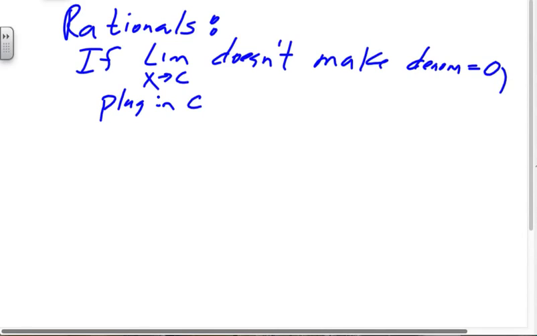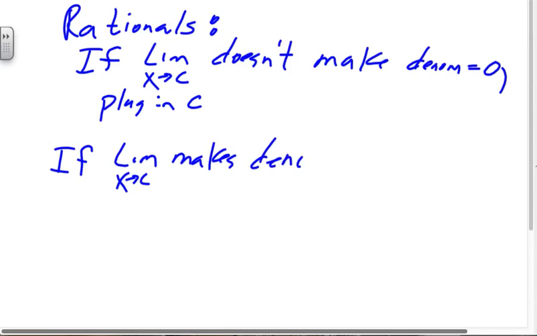You treat it just like a regular polynomial. However, if it does make the denominator 0, then the first way we're going to learn how to handle this, and we'll talk about several more as the semester goes along, this is the first way to handle it, and this should also be the first way you try to handle it.